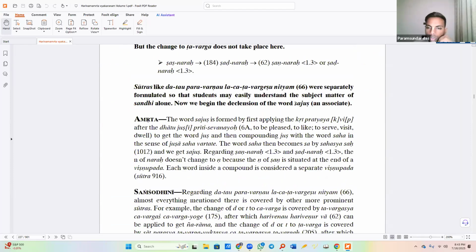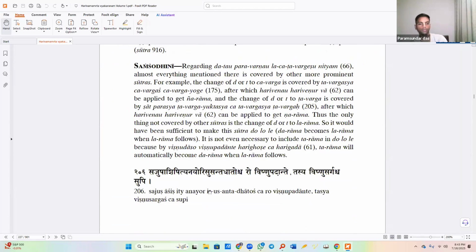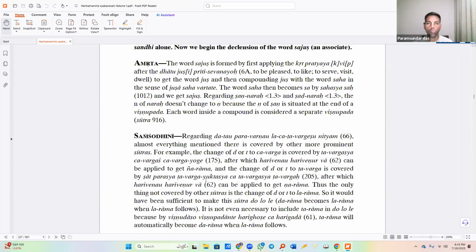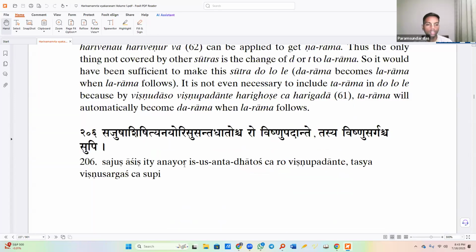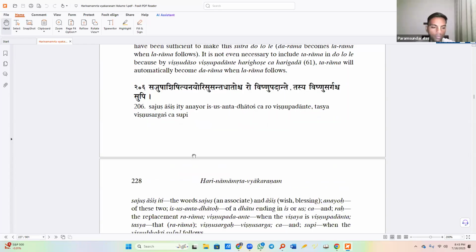So the next word is Sajush, which means an associate. And the first sutra is Sajush Ashish Ityanayor Isusanta Dhatushcharo Vishnudante Tasya Vishnu Sargascha Supi.